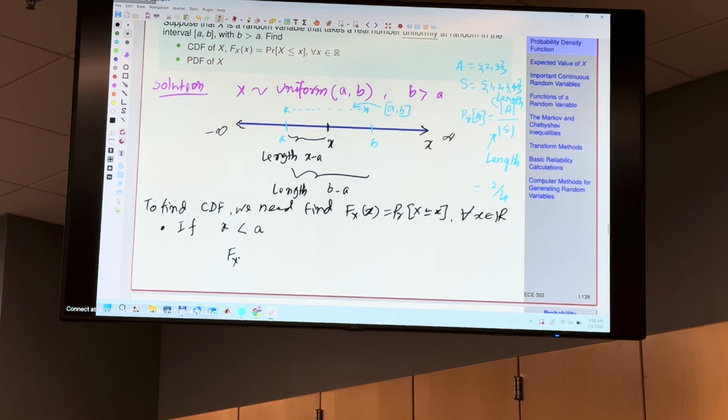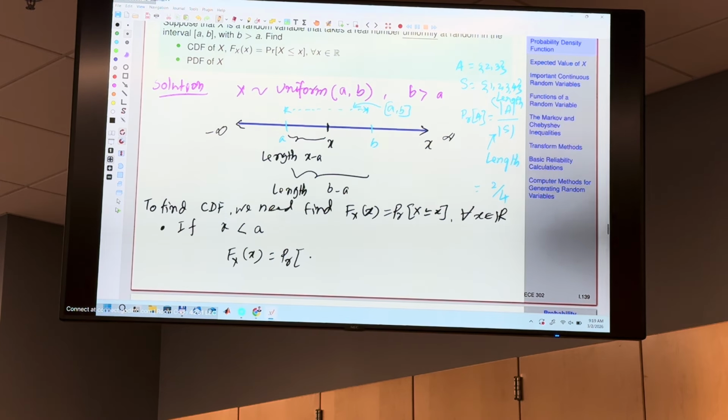F sub X taking value x, which is by definition the probability that X is less than or equal to x.